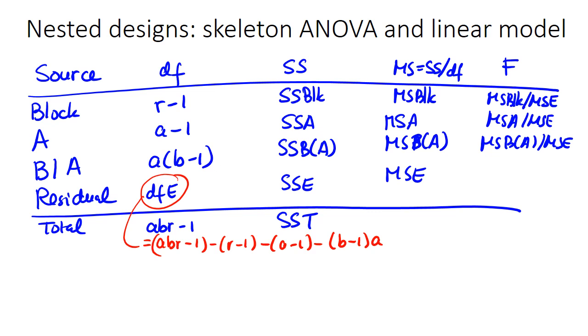Because factor B is nested within factor A, there is no main effect for factor B, nor the interaction between factors A and B. The linear model.